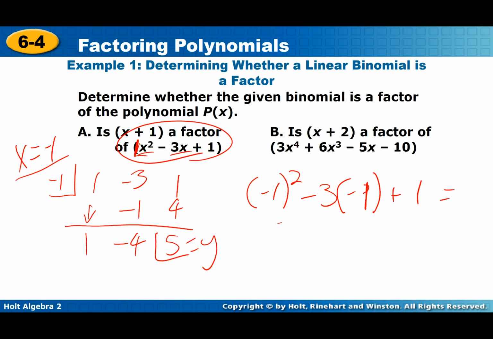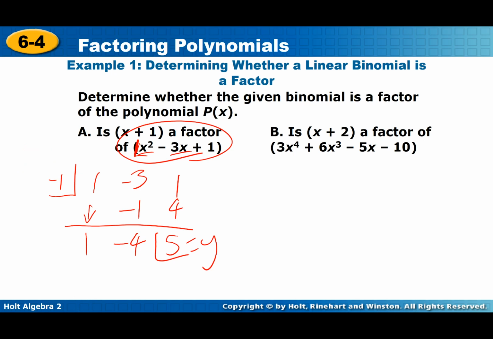Okay, so the remainder is the y value that corresponds with that x value. You'll see this be 1 plus 3 plus 1, and 1 plus 3 plus 1 is 5. So we did it right. It's kind of neat how the remainder is actually the y value corresponding with the x value we used up here, that -1 in this case.